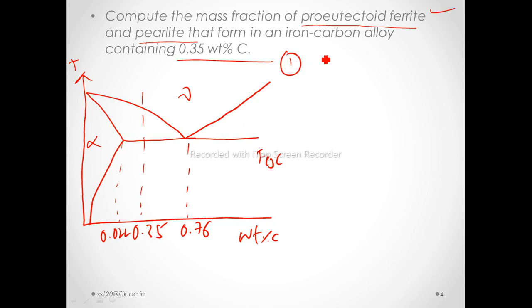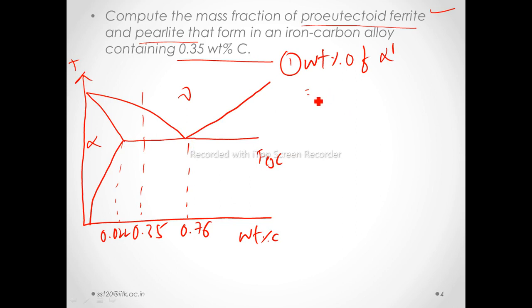The first task is the weight fraction of proeutectoid ferrite, which I will symbolize as alpha prime. It can be calculated by drawing the same lever rule. We have to consider only this portion, from here to here, to find the weight fraction of proeutectoid ferrite.